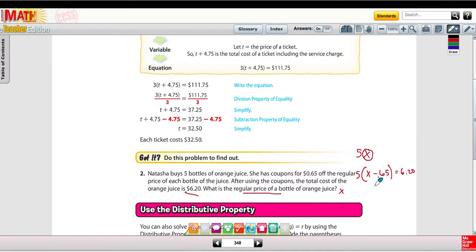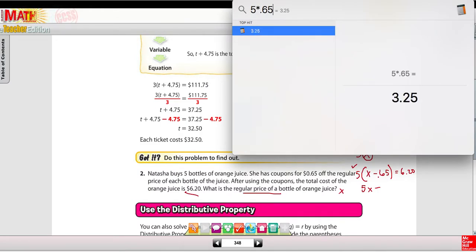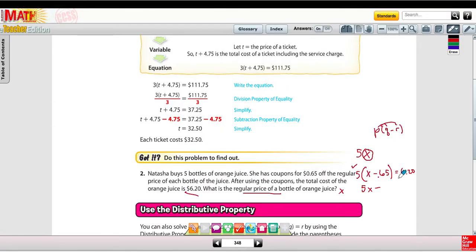Now you might be thinking, couldn't I write that a different way? Absolutely. I was just trying to model it the way that the objective stated, which was p times the quantity q minus r, or whatever it was, where you had the distributive property in practice there. So it could be a different way, but what we have here is essentially 5x, take away 5 times 65 cents, so 5 times 0.65 is $3.25. Let me write that down here. $3.25 equals $6.20.